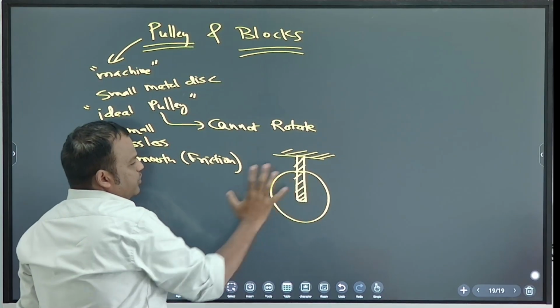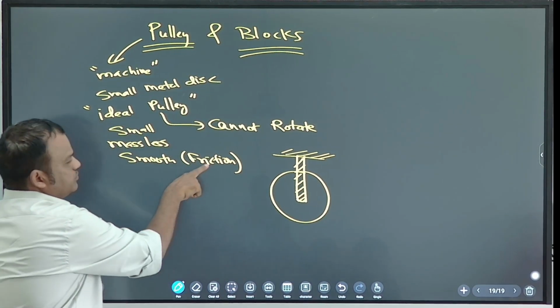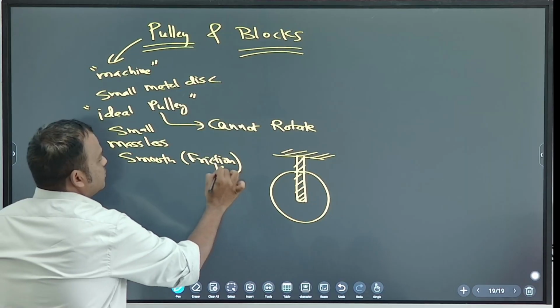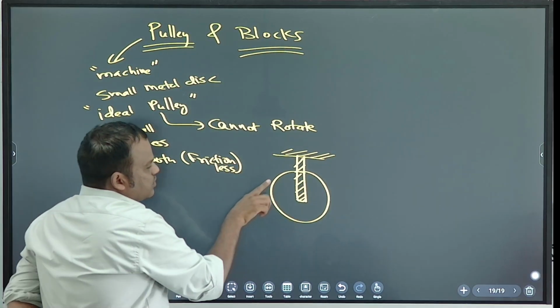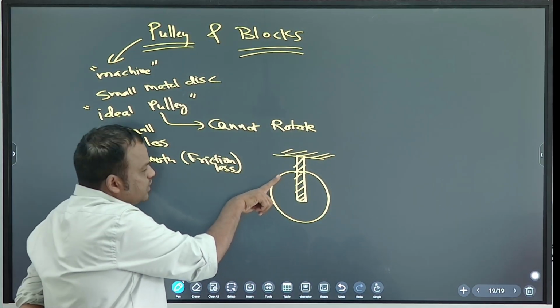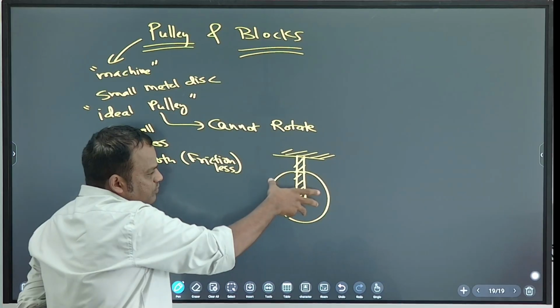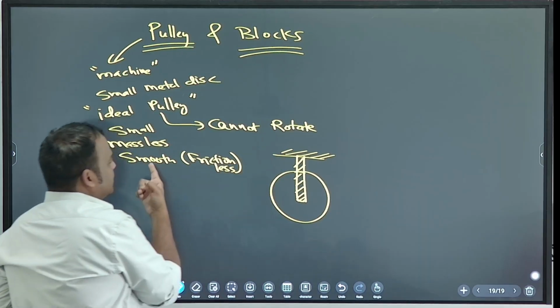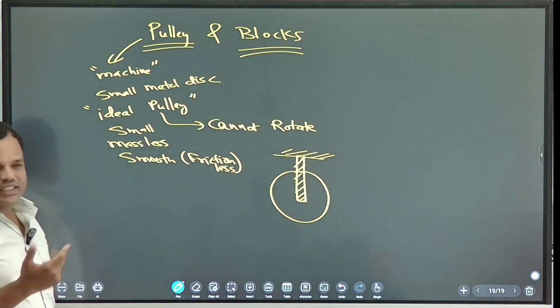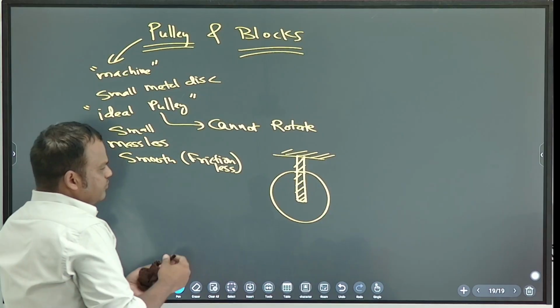Now this is an ideal pulley, which is frictionless. Now suppose you are holding it here. If you do like this, will it rotate or not? It will not rotate because it is smooth. Friction is not there.